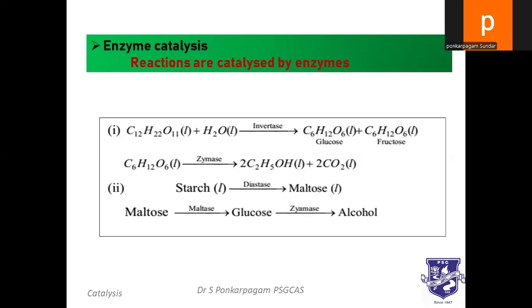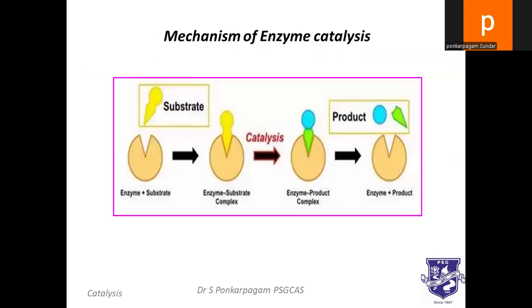Then we move to the mechanism of enzyme catalysis. This is the simplest mechanism of enzyme catalysis, the lock and key mechanism. We know the action between a lock and key. Here the lock has a specific void which is designed for the key. The key is able to fit in the void of the lock. Then it's locked and unlocked. Here also it's the same.